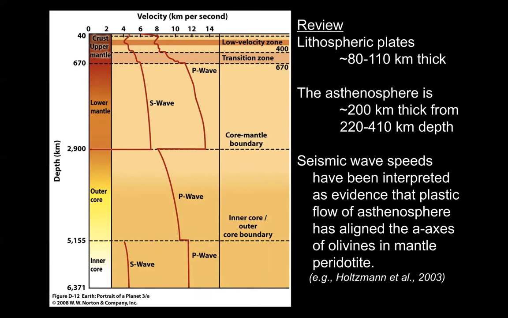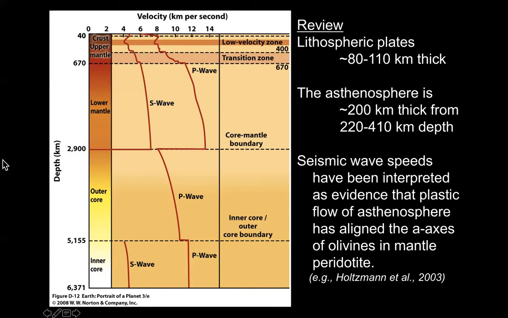And here we're looking at how seismic wave speeds change as we get deeper into Earth. The uppermost part, the lithospheric plates, are taken to be approximately 80 to 110 kilometers thick on average. Now, that is directly related to this seismic wave speed.